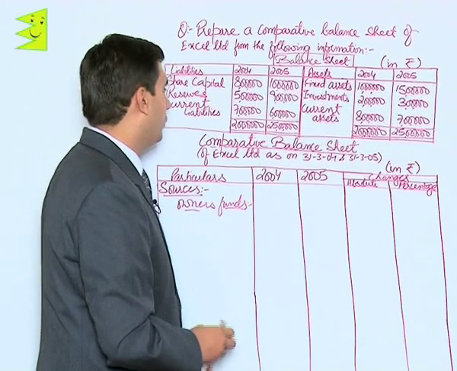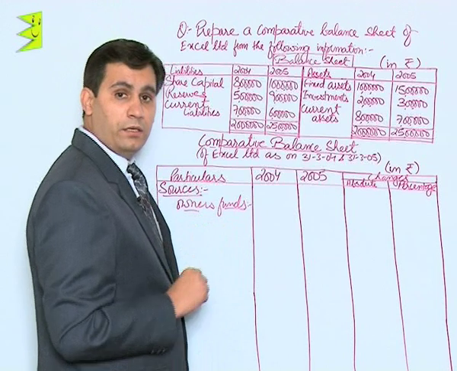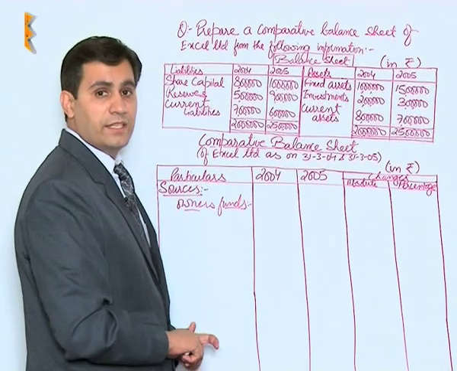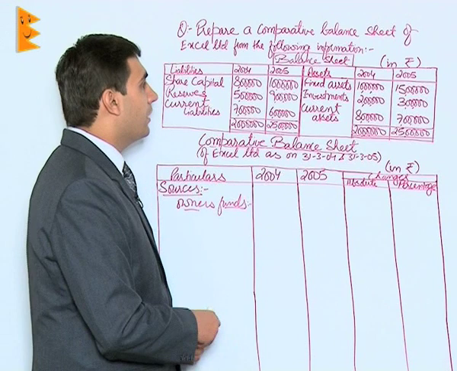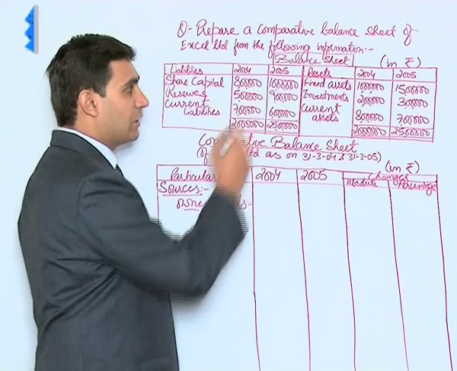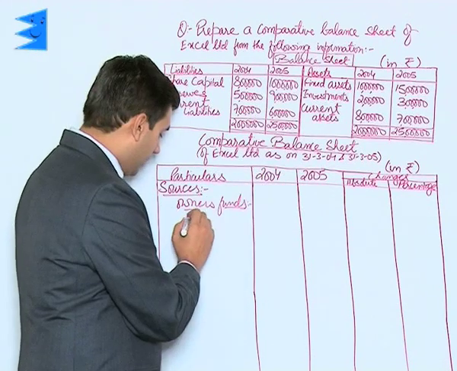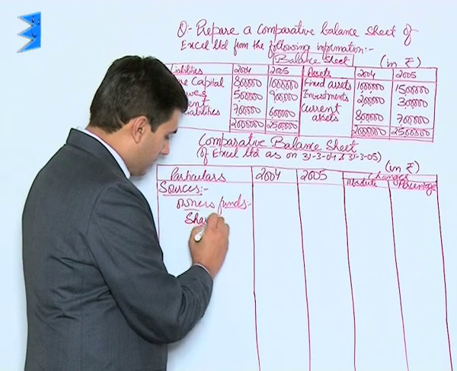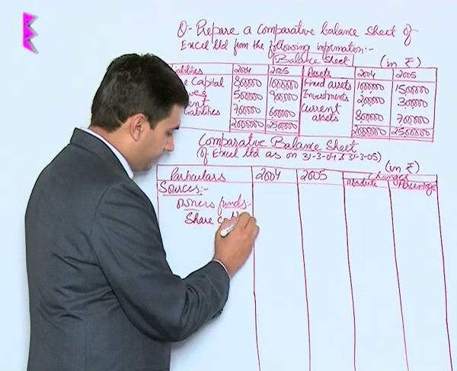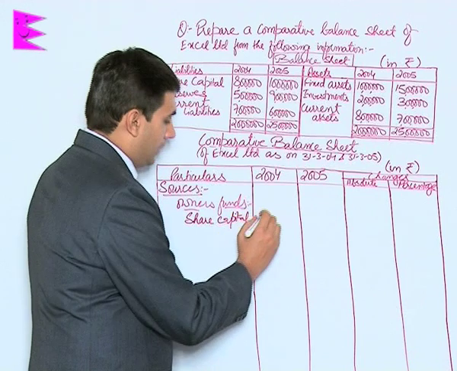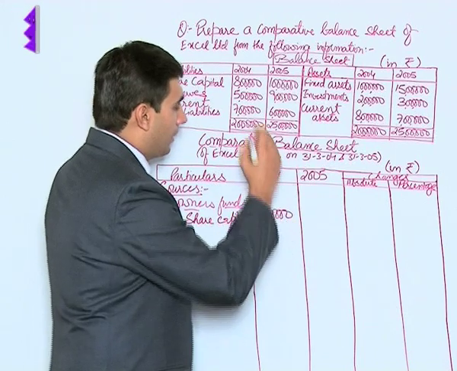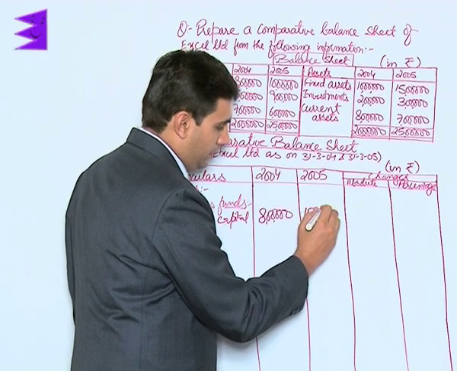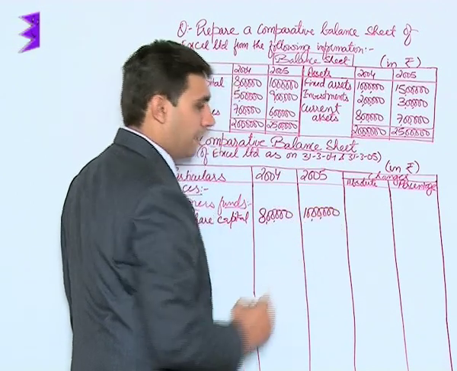Owners funds include share capital and reserves, and in this case both of them are mentioned here. We are given share capital for year 2004 as 8 lakh and for 2000 as 10 lakh. So we will write it as share capital (8 lakh) and 10 lakh.